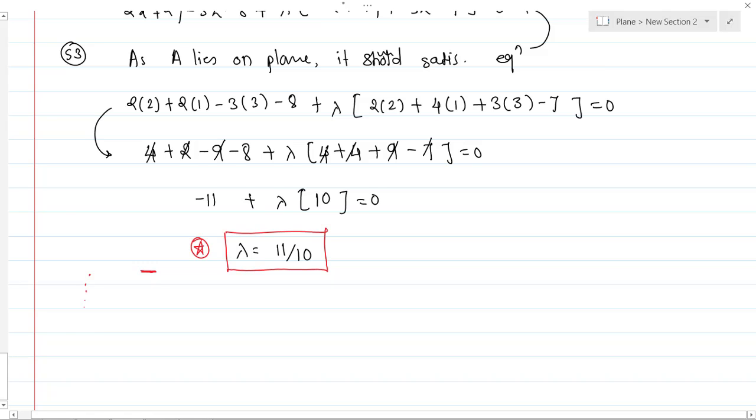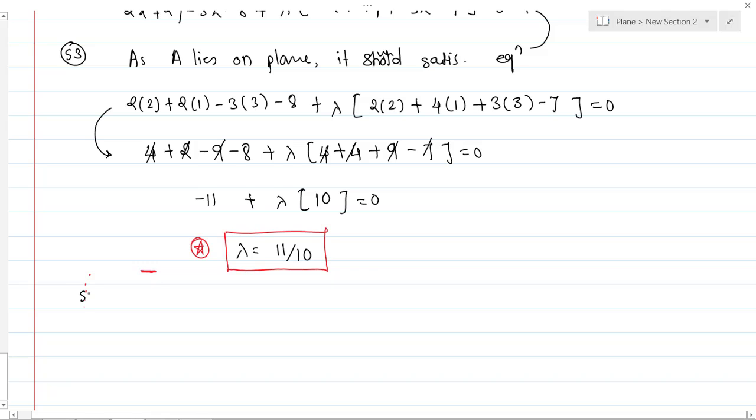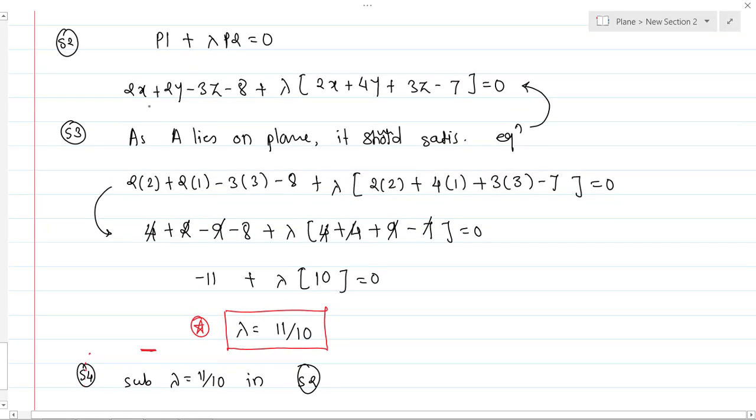So let's proceed. Once you get this value, substitute lambda equal to 11 by 10 in step number 2. What is step number 2? It is 2x plus 2y.